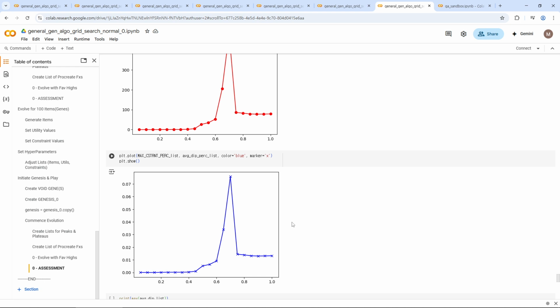As the max constraint percentage goes higher, all the way up to 1, you can have every item or every gene activated and not go above the physical weight threshold, not go above the maximum constraint threshold, and therefore the top entities get to stay there, and then the average of top 10% entities should also rise and be very close and never dip.